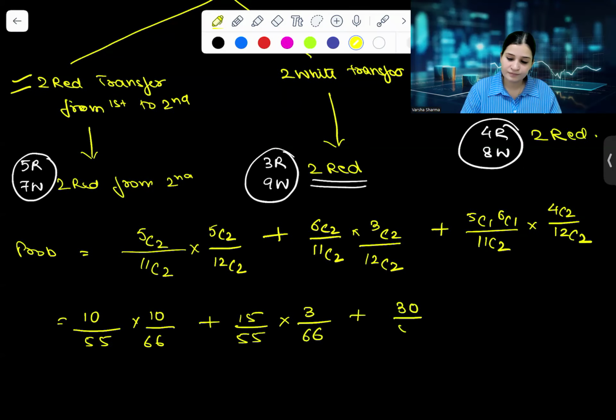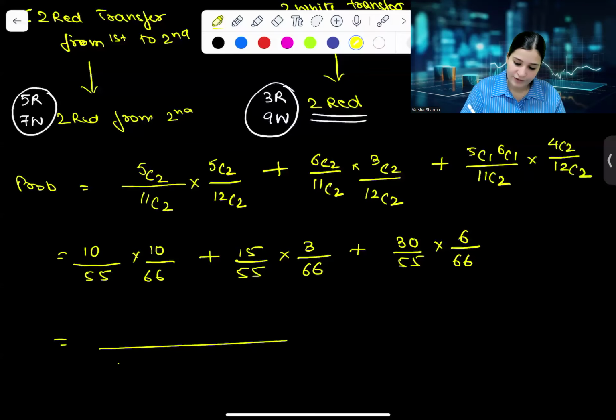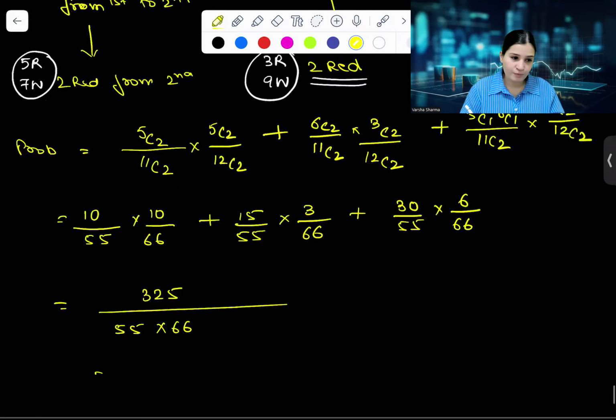So 30. 4C2 is 6. So denominator is same for everyone. Add 100 plus 45 plus 180. 325 divided by 55 divided by 66. 0.089.